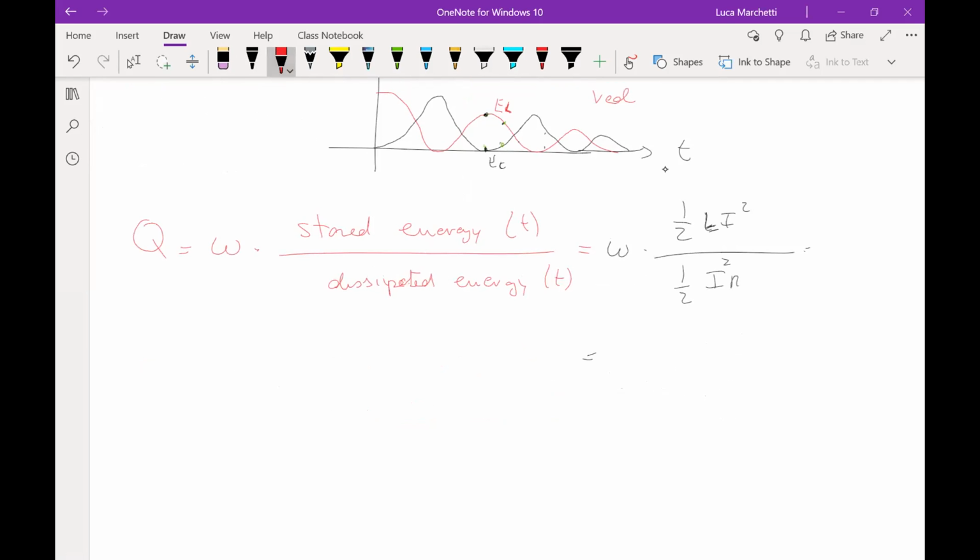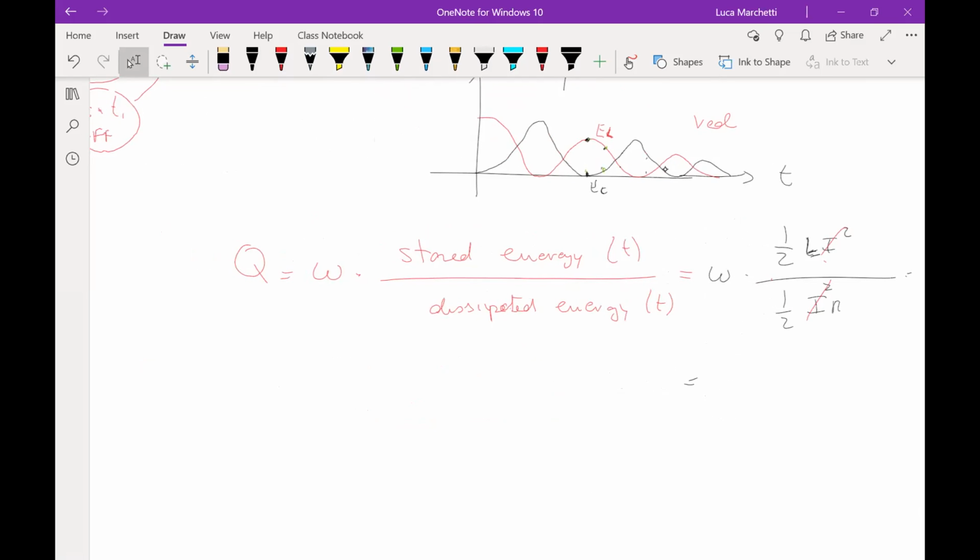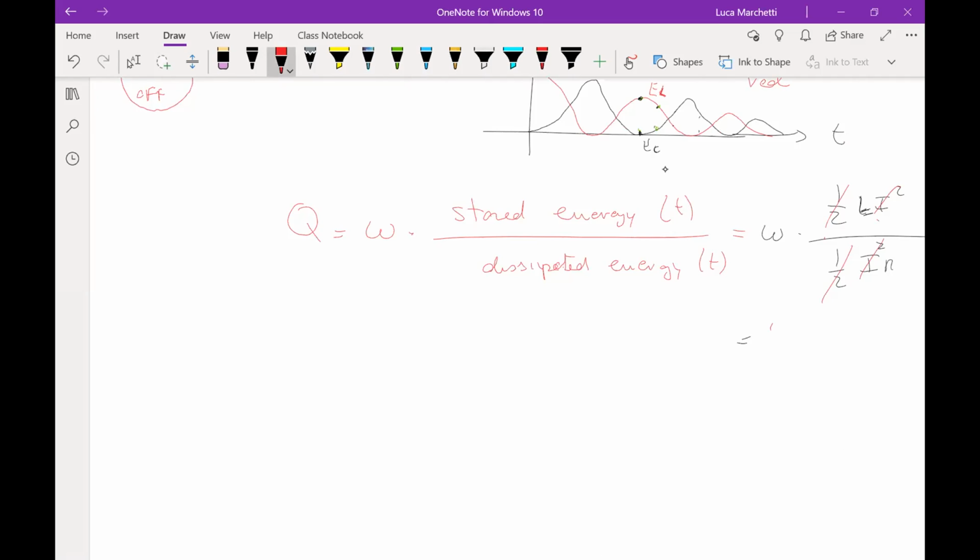So this one, wait, simplify this one with it. Okay, with this one and then this one. What happens here? This one with this one, and the result is the magic omega that I was showing before.